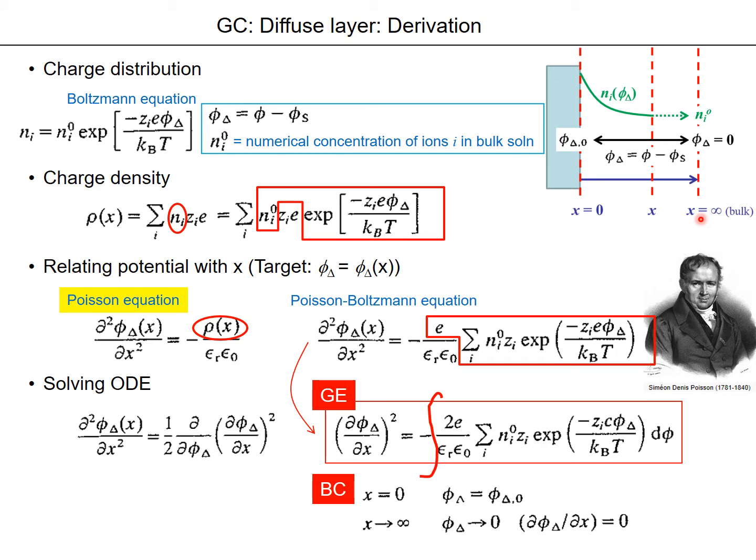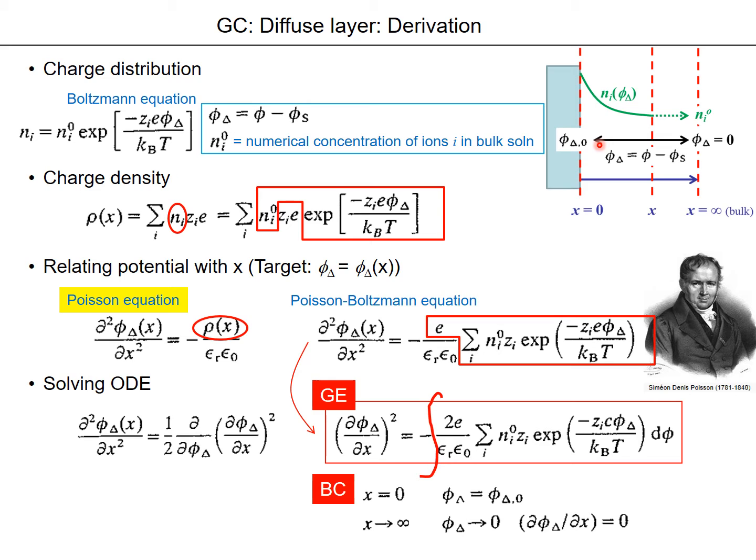So at x equal to infinity, in the bulk electrolyte, phi delta is 0 because the potential of the bulk is phi of solution. At the surface, phi delta is your applied potential minus phi of solution. Let me define it as phi delta 0, where 0 indicates the surface.